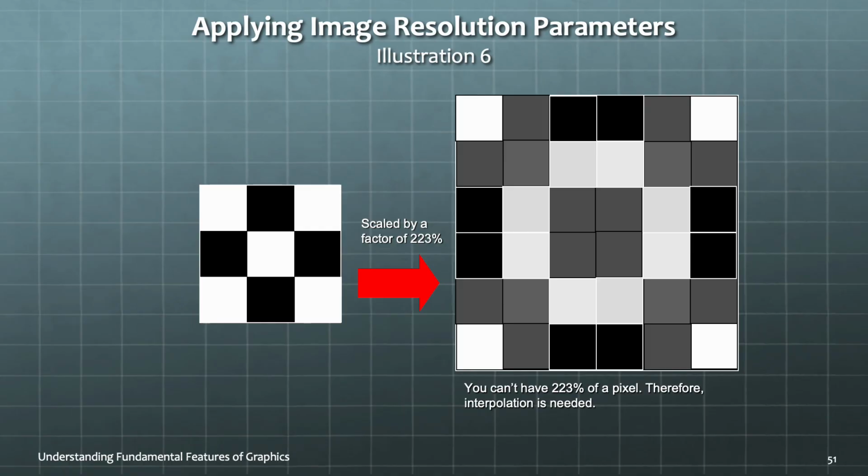This time it's 223%. You can't have 223% of a pixel. Therefore, interpolation is needed. Interpolation provides the illusion of being 223% bigger. Notice how there are many new colors and shades that have to be created to create the illusion of 223% scale.